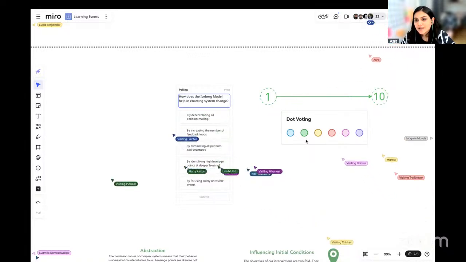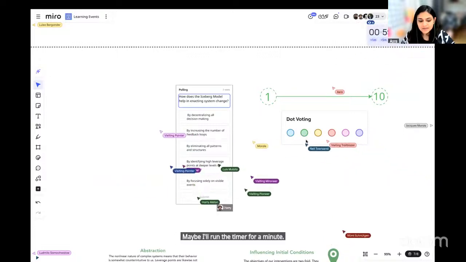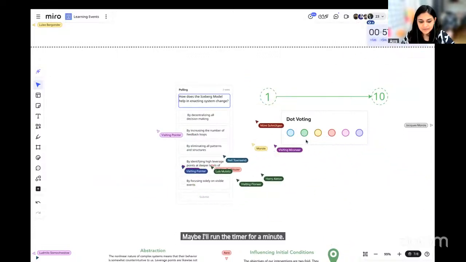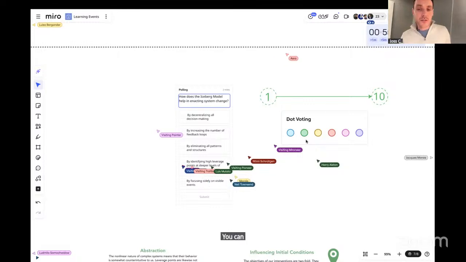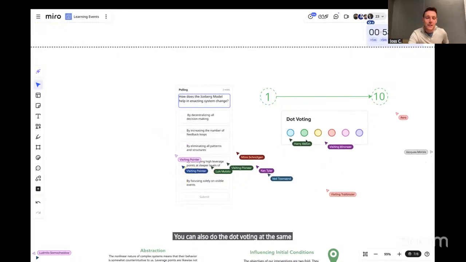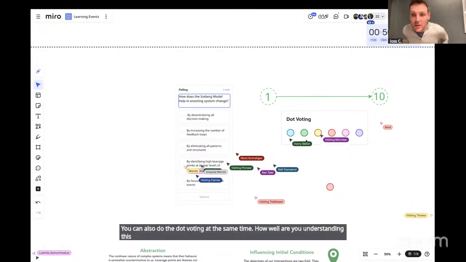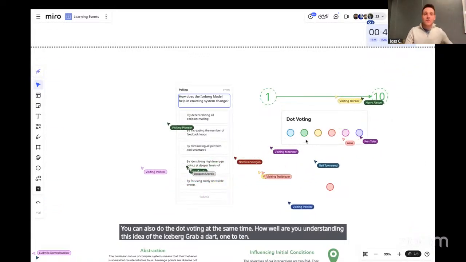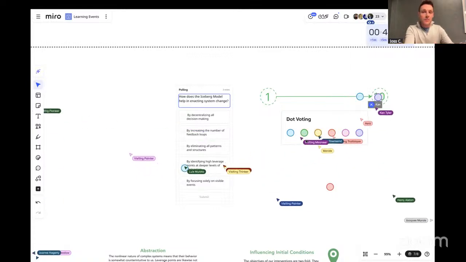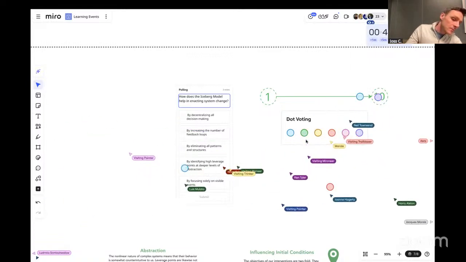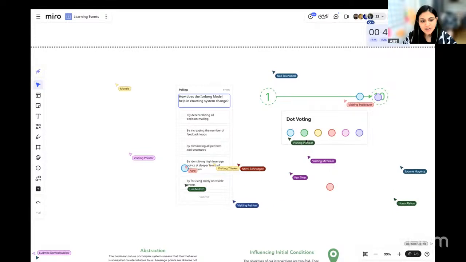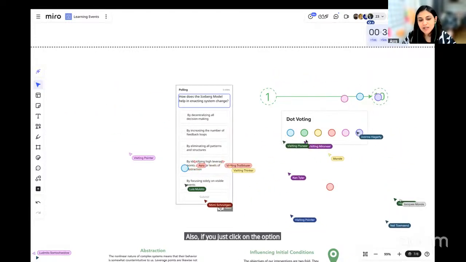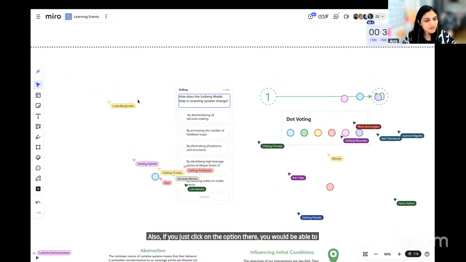Maybe I'll run the timer for a minute. You can also do the dot voting at the same time. How well are you understanding this idea of the iceberg? Just grab a dot, 1 to 10. If you just click on the option there, you will be able to select it. You don't have to put a dot.